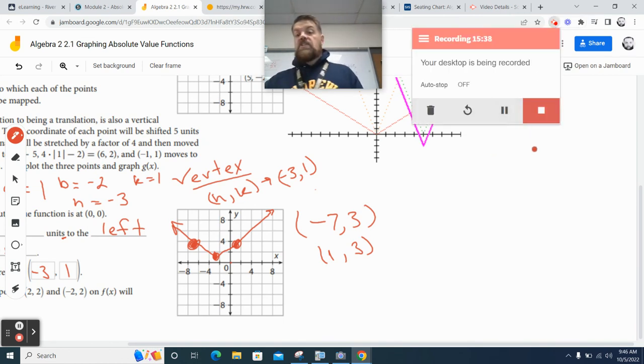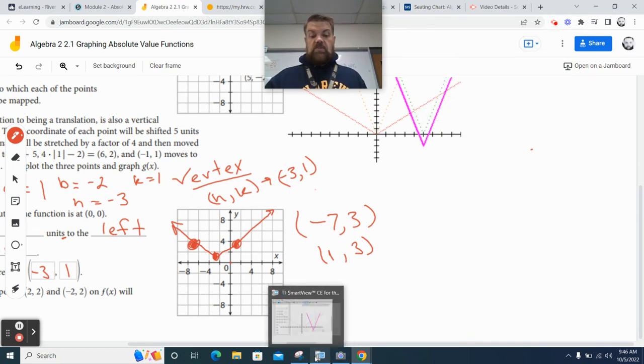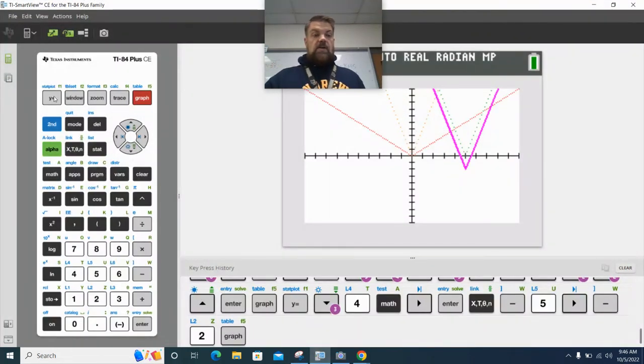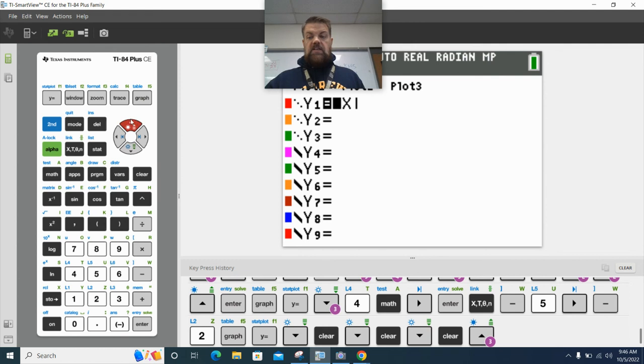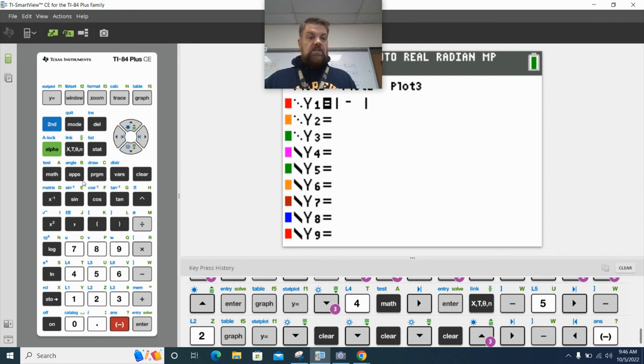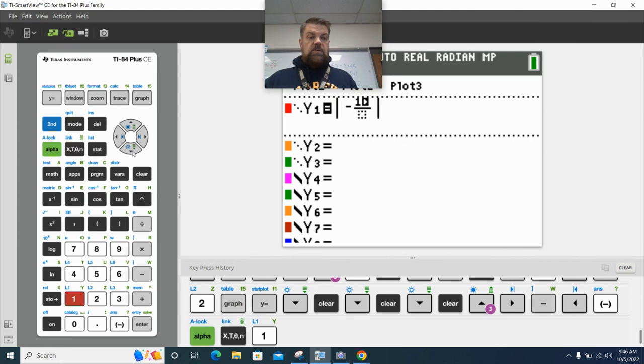And depending on how much time we have, let's graph that real quick on our graphing calculator and see if those work. So I'm going to go back here and let me clear this, and I'm going to put it in. The function was absolute value of negative, then I'm going to plug in my 1 over 2.